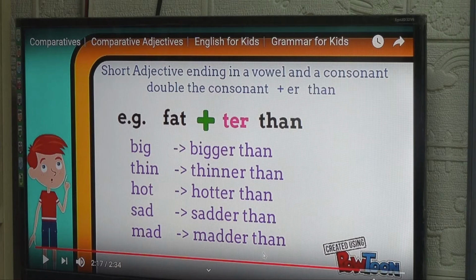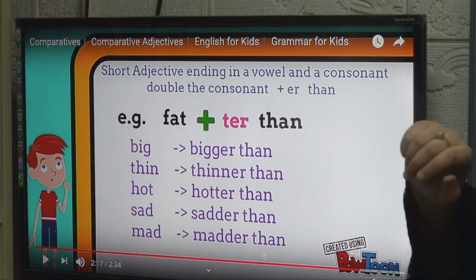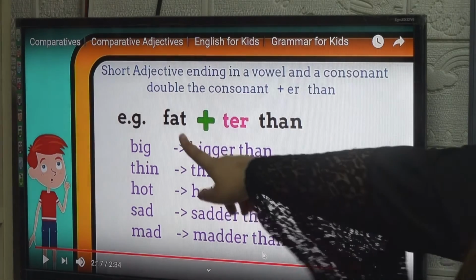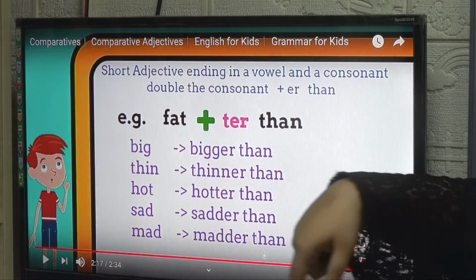If it's a short adjective, let's say a one-syllable adjective ending with consonant, vowel, consonant, we add ER and then "than". But before you add ER, you have to do something very special. You have to double the last consonant, okay?